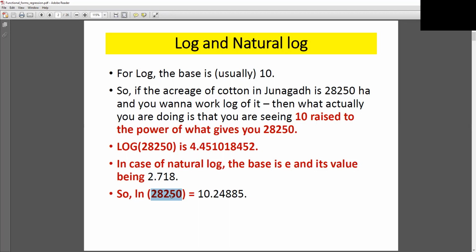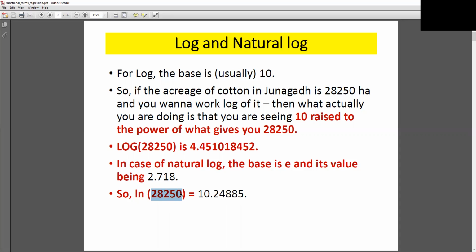So if E value is 2.718, then 2.718 to the power 10.24885 will give us the number 28,250. So this is what is log and natural log.